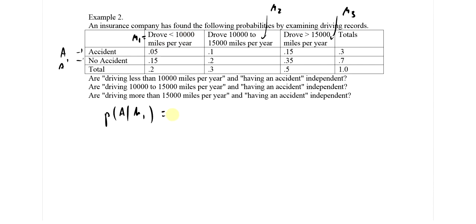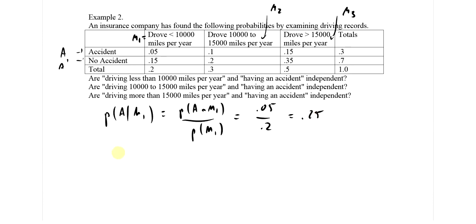So what is that? Well, that's the probability of A intersection M1 over the probability of M1, and that's 0.05, that's this, divided by 0.2. That's 0.25.